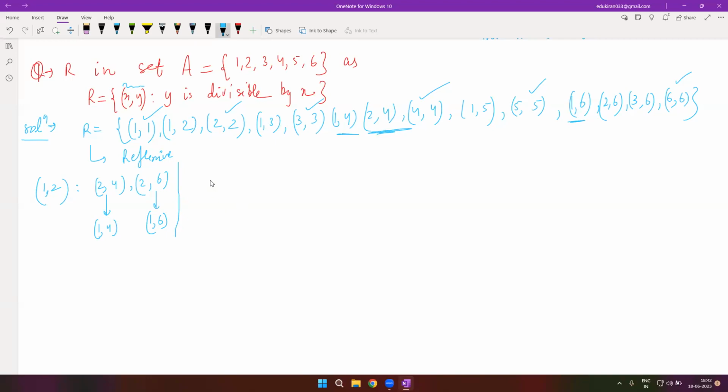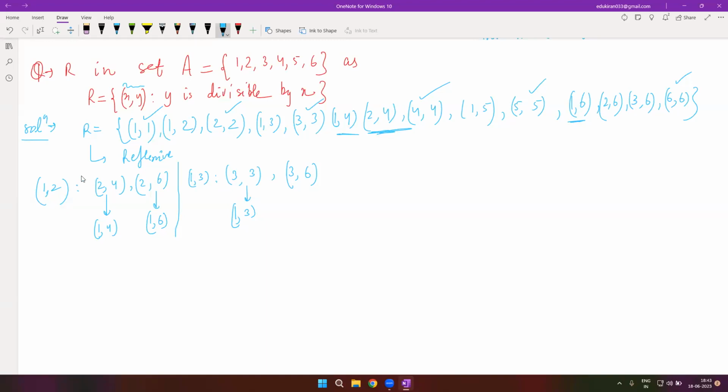Now let's come to 1, 3. So take all the pairs which start from 3. They are 3, 3 and 3, 6. You can find them. There are 2 pairs which start from 3, right? So for this, I don't need to check, but 1, 3 should be there, right?